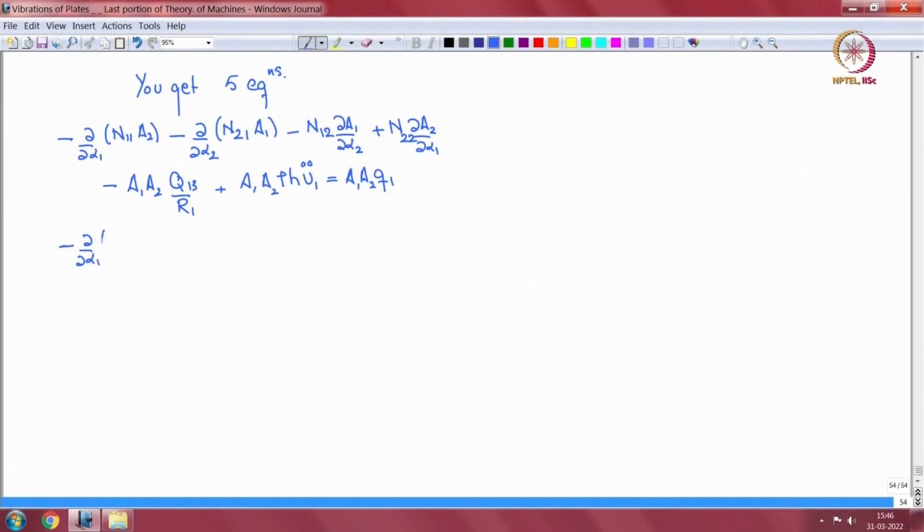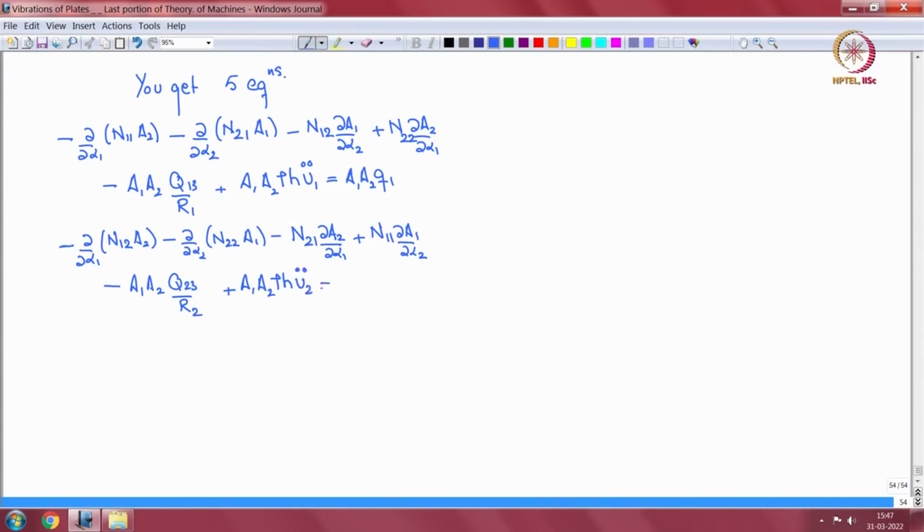del alpha 1 N12 A2 minus del alpha 2 N22 A1 minus N21 del A2 by del alpha 1 plus N11 del A1 by del alpha 2 minus A1 A2 Q23 by R2 plus A1 A2 rho H U2 double dot is equal to A1 A2 Q2.